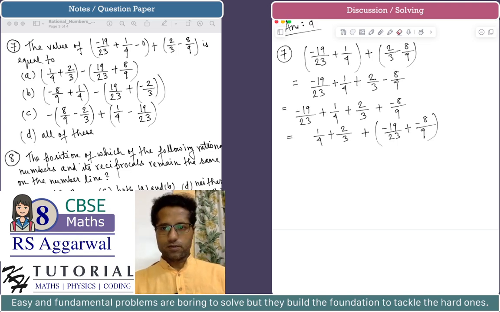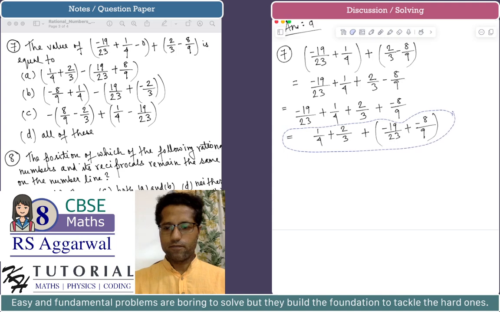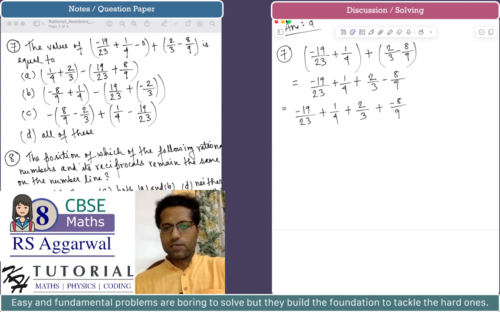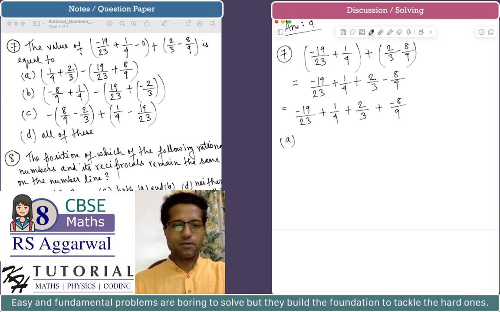Instead of grouping the negative and the positive rational numbers, let's have this. So we have this, the addition of four rational numbers. Now let's try to open up all the brackets for all the choices. Let's verify each choice one by one. While verifying the choices, we will open up all the brackets.